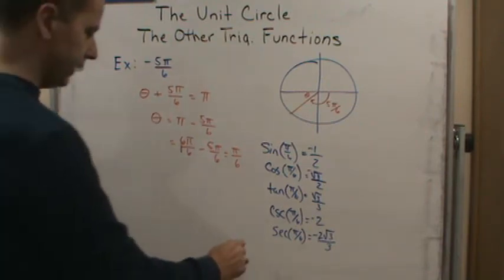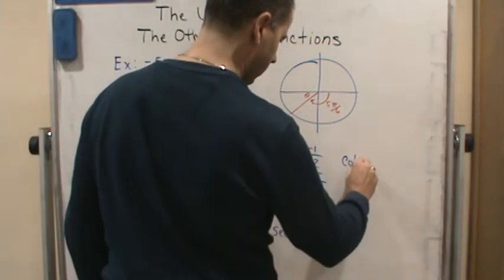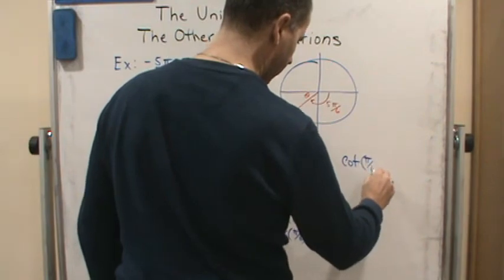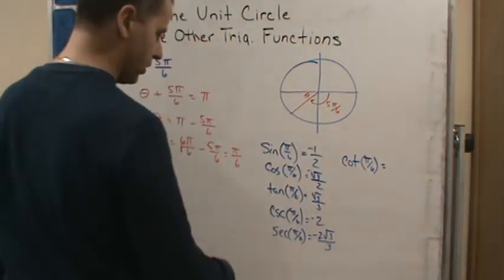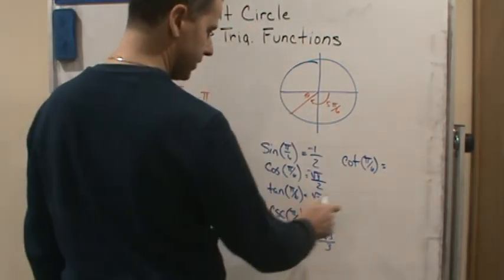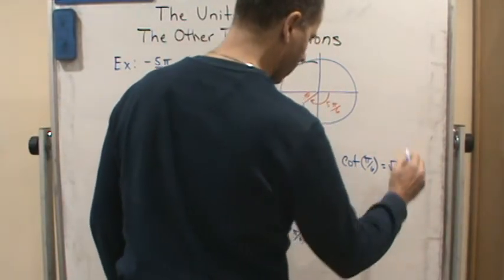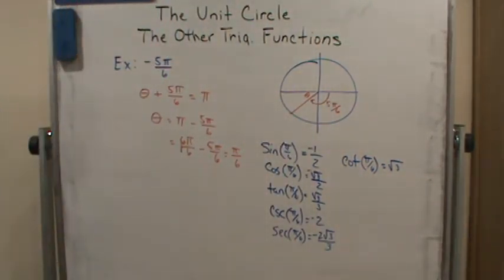And then finally, cotangent of pi over 6, in this case, it's just going to be square root of 3.